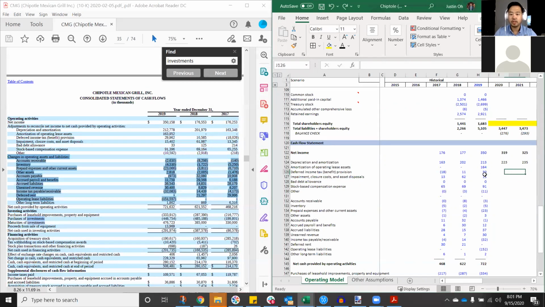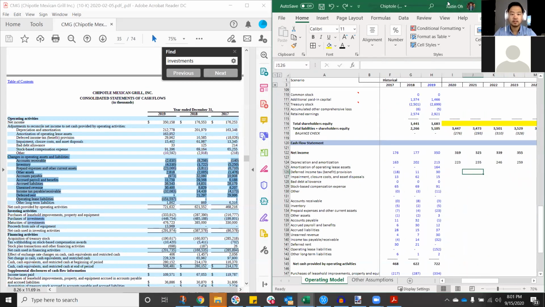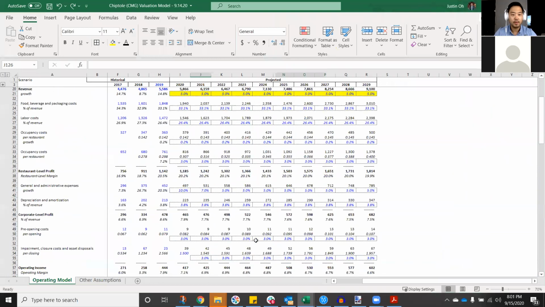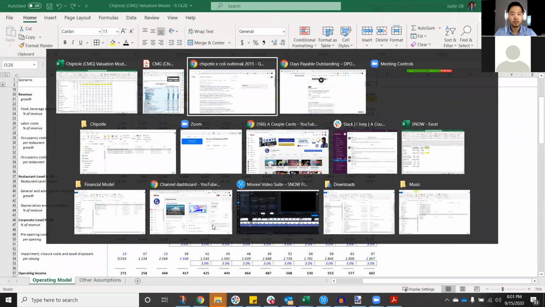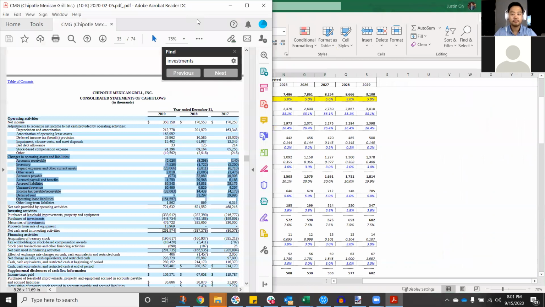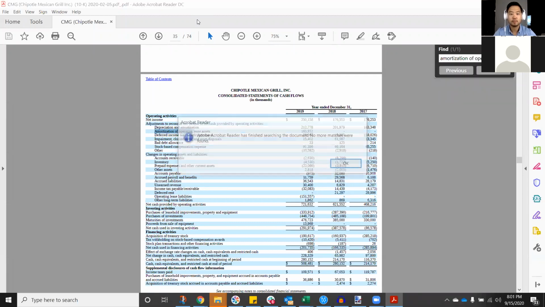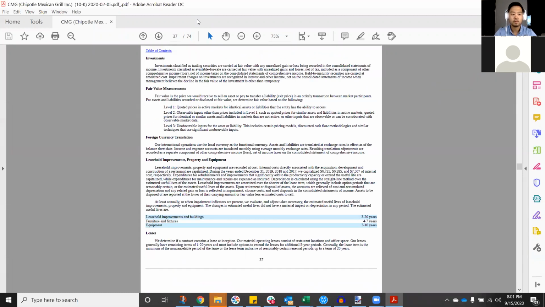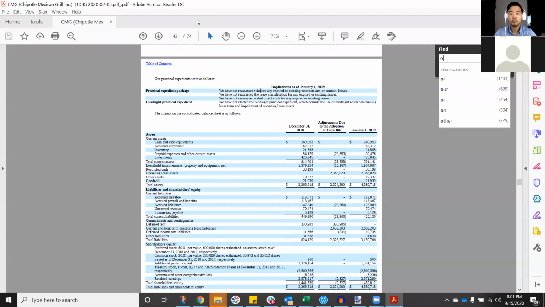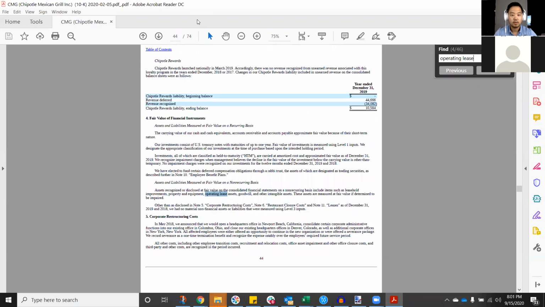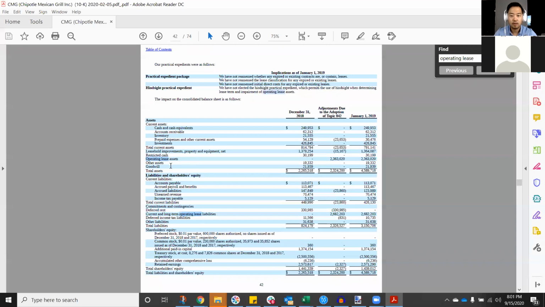Cool. So amortization of operating lease assets. I don't know where that would be, so let's look that up. Everything's in the footnotes.